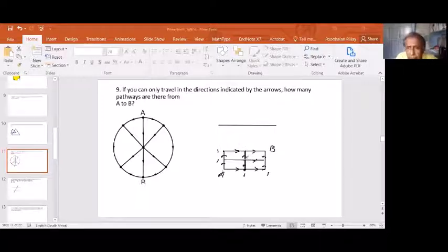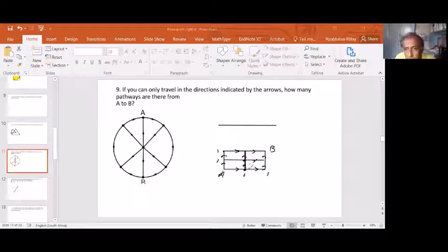Now watch. If you go to the middle one, here, right, you can go that way or that way, or that way and that way. Right? The point is, this is very important, that the number of ways you can get to this point here is equal to the number of ways you can get to that, plus the number of ways you can get to this point.